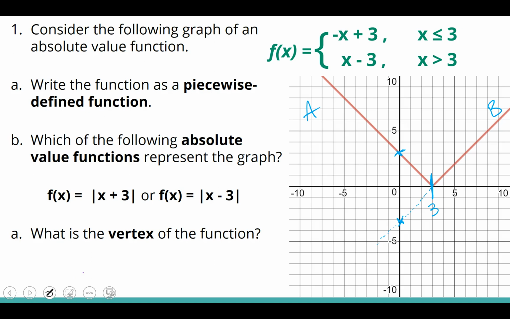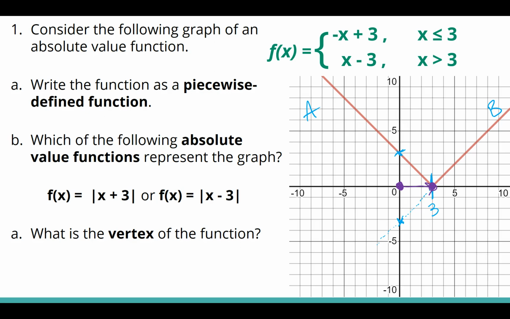What's the vertex again? It's that point, this guy right here. Do we agree that the vertex got shifted to the right 3?